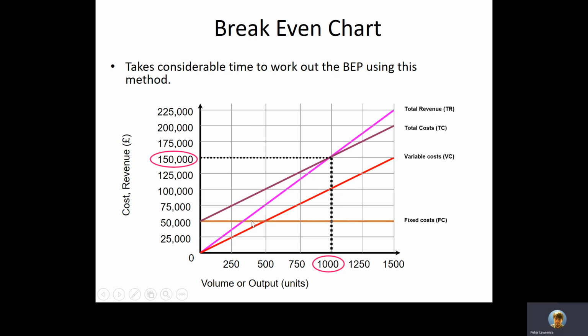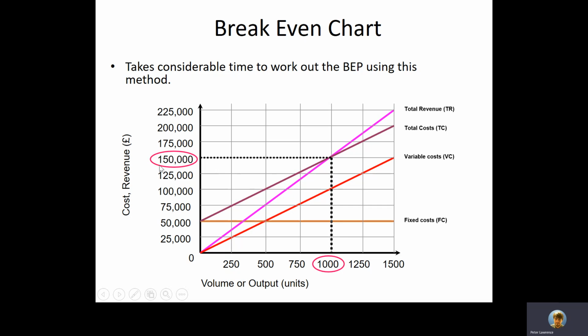And then we plot our total revenue. Obviously, revenue increases the more that we sell. And the point at which our total costs meet our total revenue, we see our break-even point. That is, how many products do we need to sell to neither make a profit nor a loss?